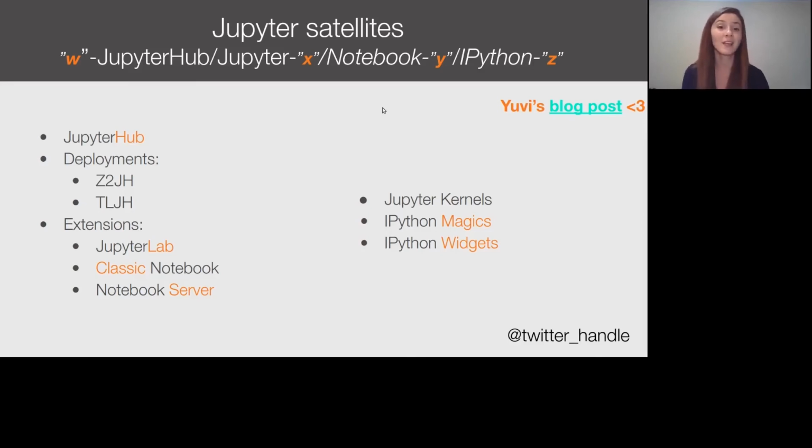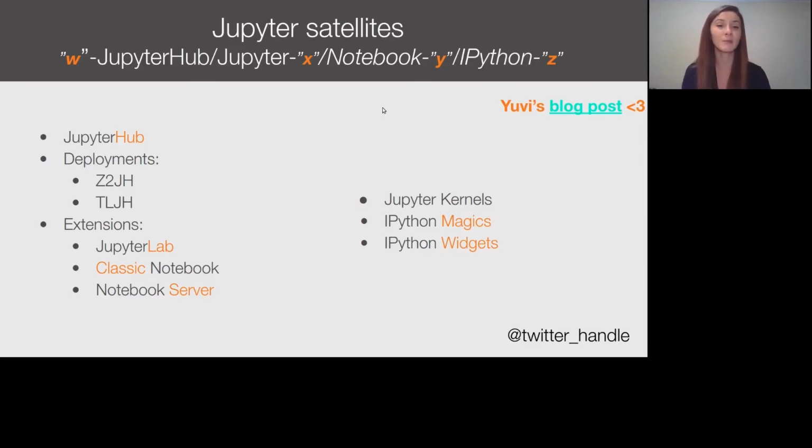So, we learned that you can customize and extend JupyterHub. We have deployments that make life easier. Those too can be customized. Then we have something that is actually called extensions. And you can install and create extensions for JupyterLab, for the classical notebook, and even for the notebook server. Not to mention the Jupyter kernels.